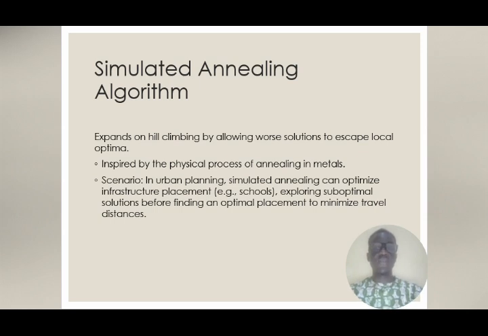It accepts bad moves. When you've climbed up a hill, you may feel it's your best position when it's not. So you can actually climb back down and look for a better solution, which might be the best solution, the global optimum. So it allows you to change, to analyze and get a better solution.